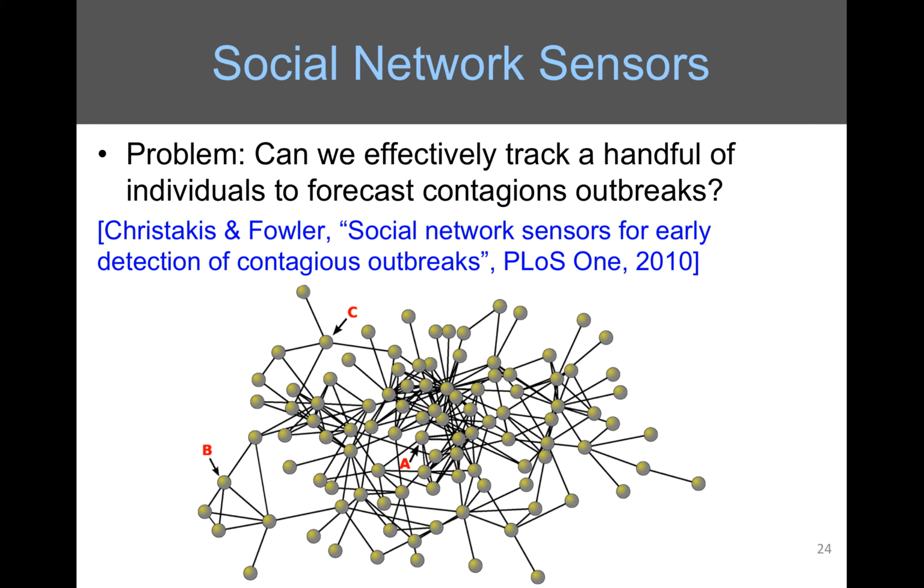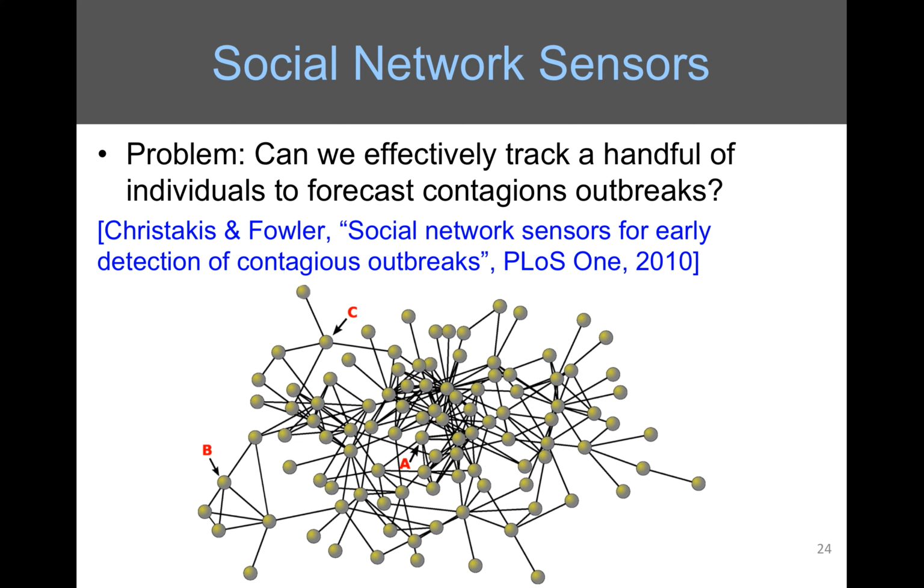Let me talk about a slightly different application of the same viral marketing idea, but now for disease outbreaks. Remember, in the case of disease outbreaks, the goal is to try to prevent the outbreak from spreading or to detect the outbreak. So the goal is, again, can I track a set of individuals and follow these people so that by following them, I get a very good handle on the overall network.